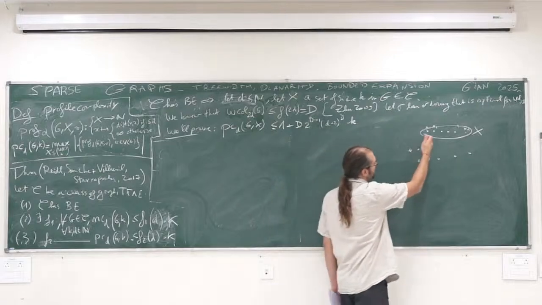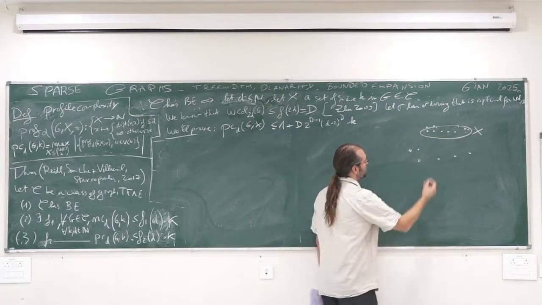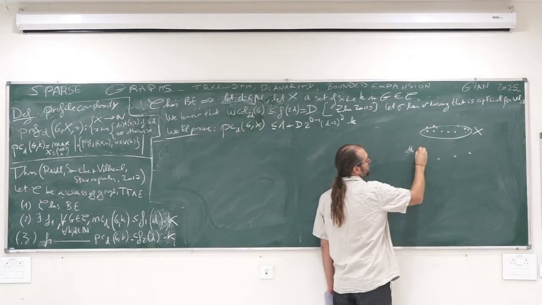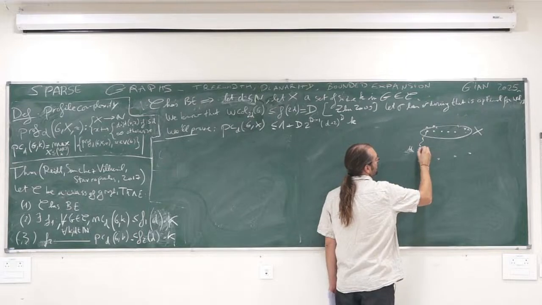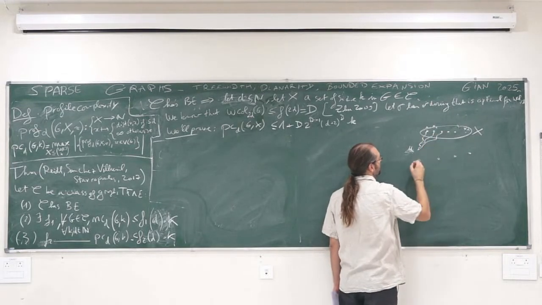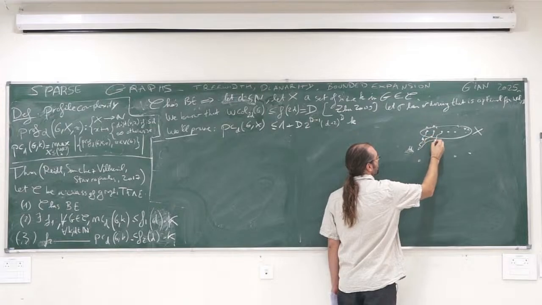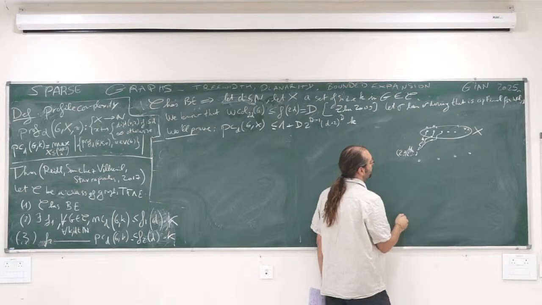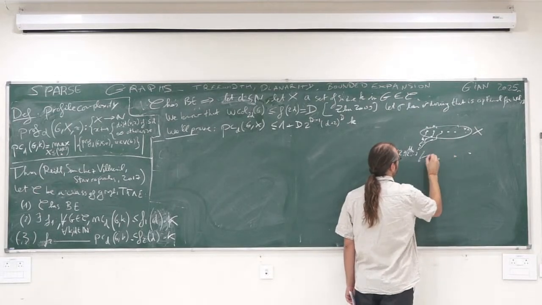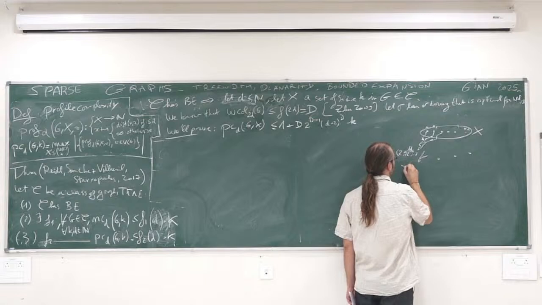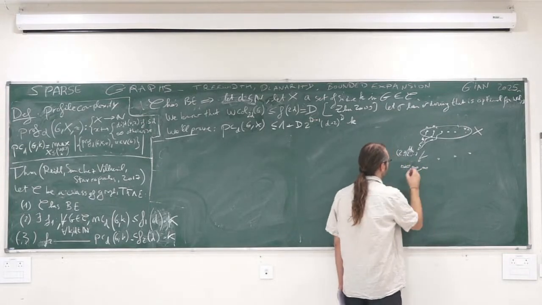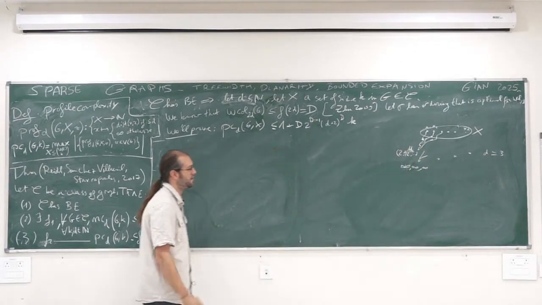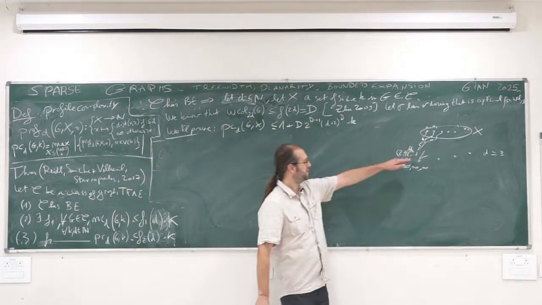But since I've ordered my set X from x1 to xk, I can just say this is a vector with a distance. If I have u here, distance from u to x1, distance from u to x2, let's say 2, 3, 2, etc. Maybe this is too far, so it gets infinity everywhere. So let's say d is at most 3, for example. Is 3. So you're looking at these vectors of distances.